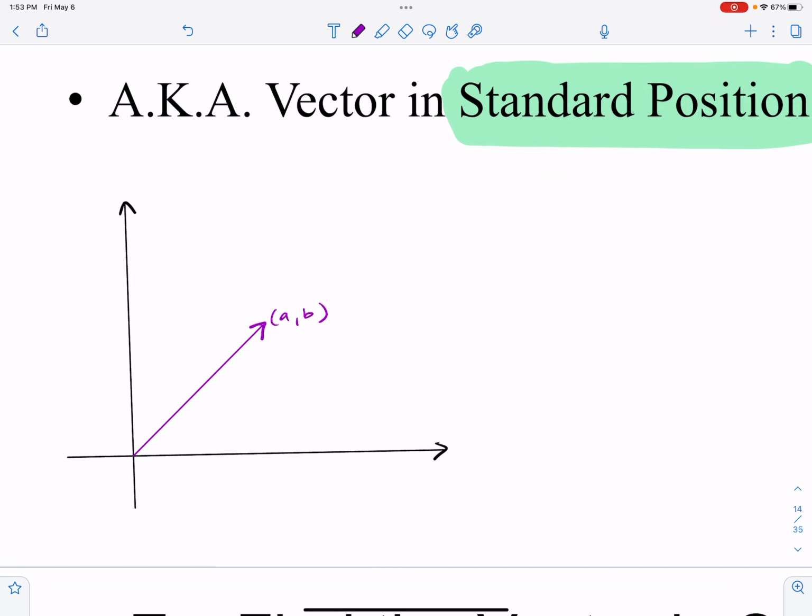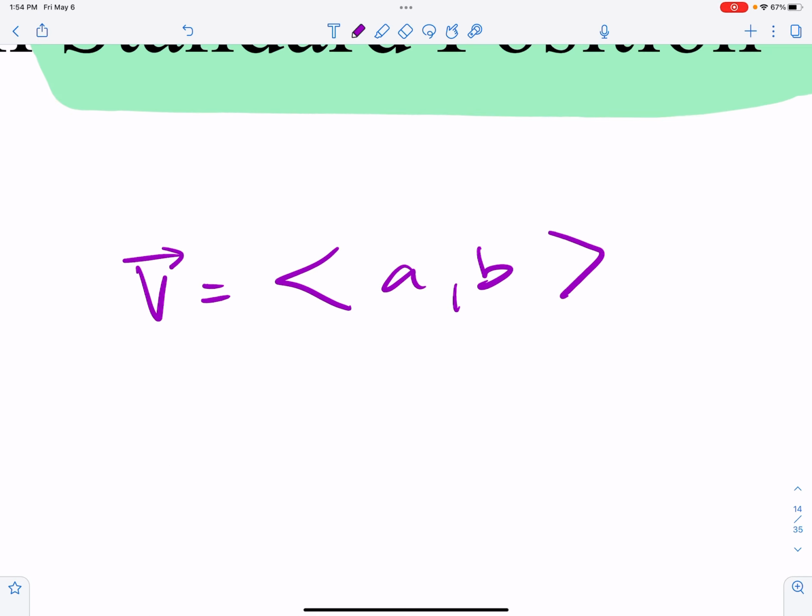And we can represent this vector, which I'll name vector v, as a horizontal and vertical component. The horizontal component will be A, the vertical component will be B. So A comma B indicates where the vector terminates, the terminating point of the vector.